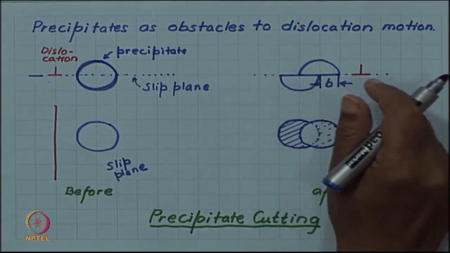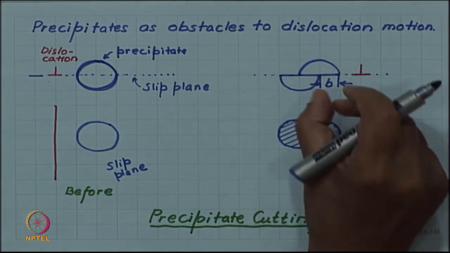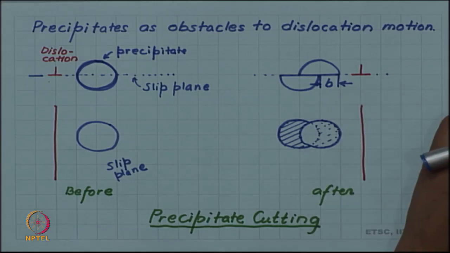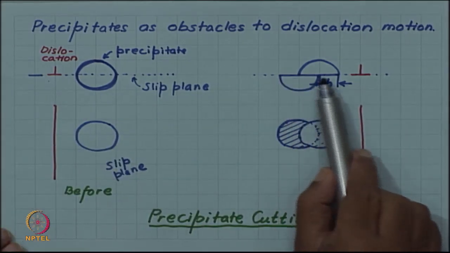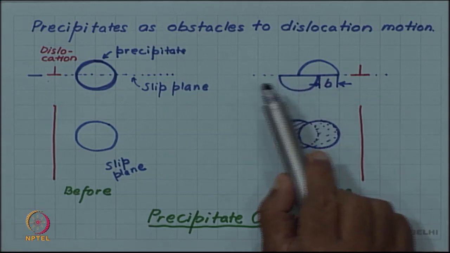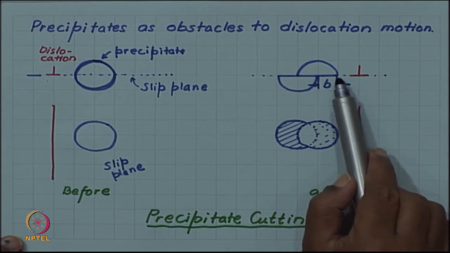Since the upper half is shifted with respect to the lower half, the upper half of the precipitate will also shift with respect to the lower half of the precipitate. So, it is as if slicing an apple in the middle and then sliding two halves of the apple.